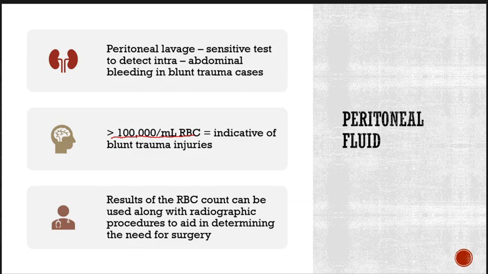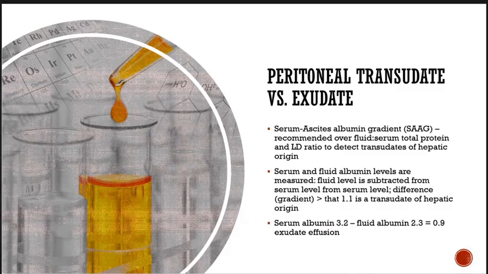surgery. Okay, so how do we differentiate peritoneal transudate from peritoneal exudate? Okay. So, ang pinaka ginagamit po natin dito is si SAAG, that is serum ascites albumin gradient or difference. Okay? So, kukunin mo yung serum albumin levels and then ascitic albumin levels and then subtract them from each other. Okay, so the difference between the two, greater than 1.1, that is a transudate of hepatic origin.